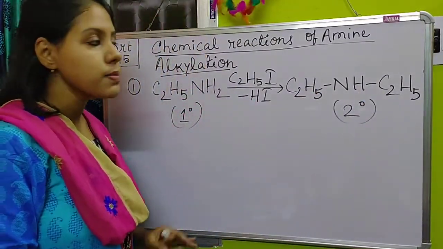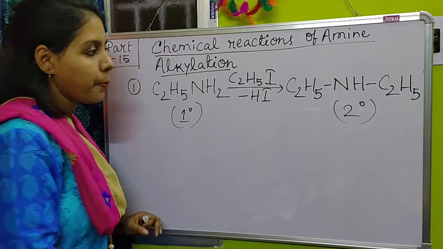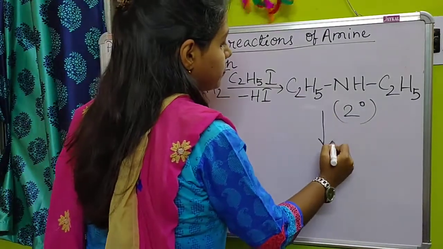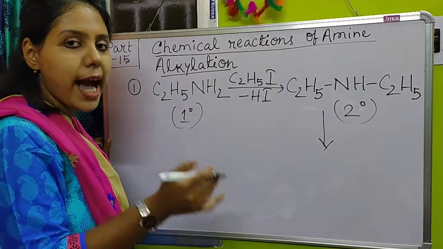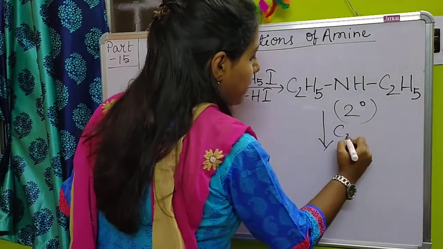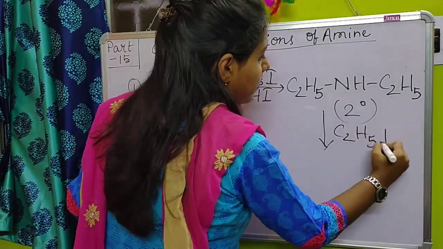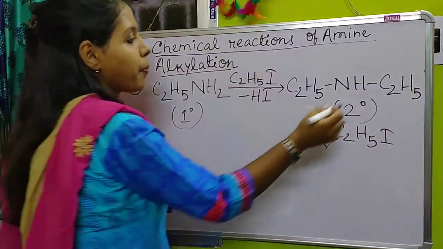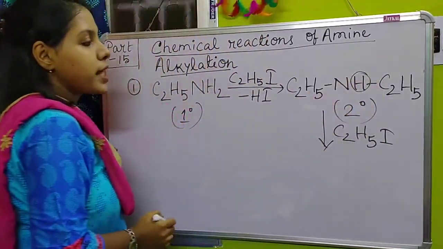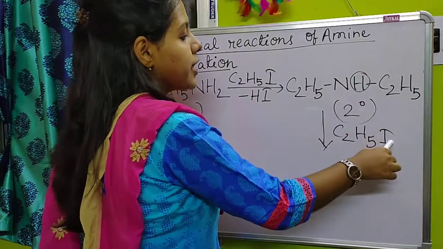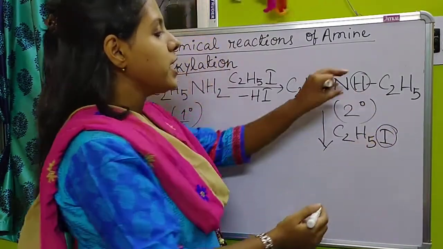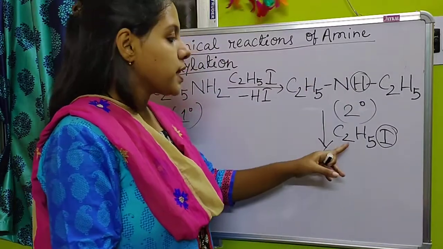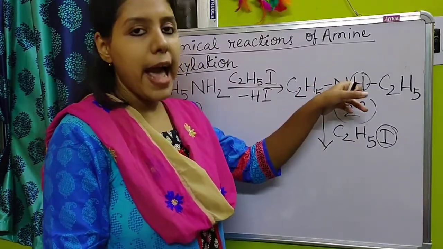Next, if you add another molecule of ethyl iodide, the remaining hydrogen will be removed with the iodide, and in place of the hydrogen this C2H5 group will be added.